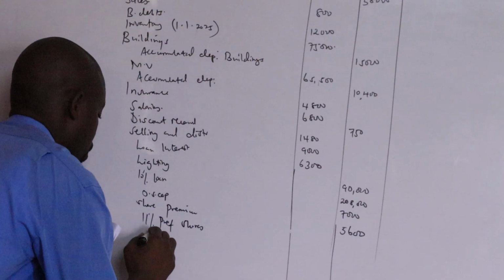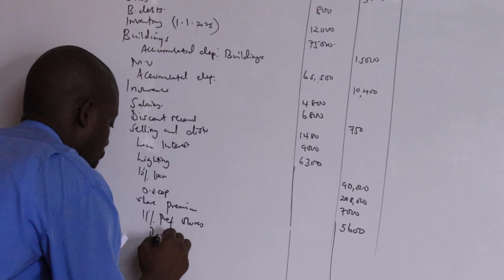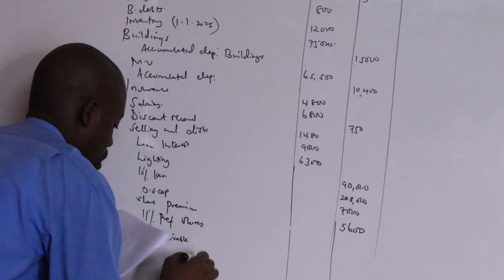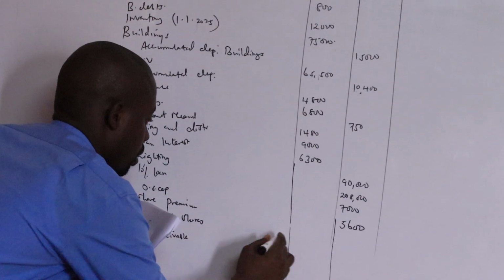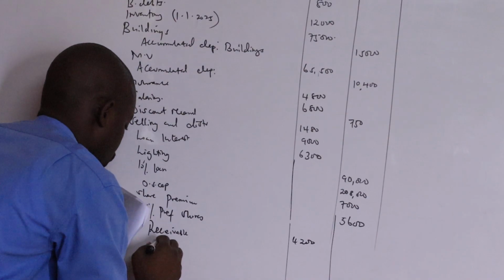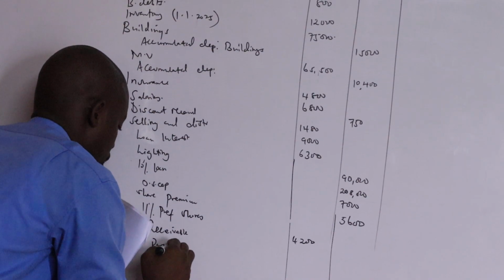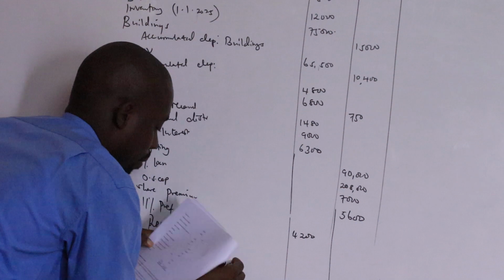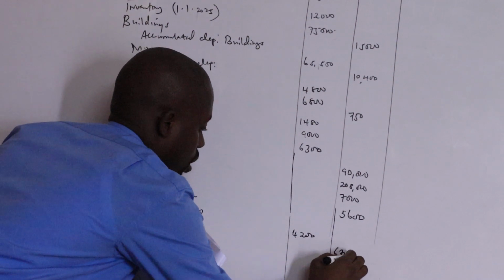Receivables, what we call debtors, trade receivables, 4,200. Payables, which are creditors, we have them at 6,700.